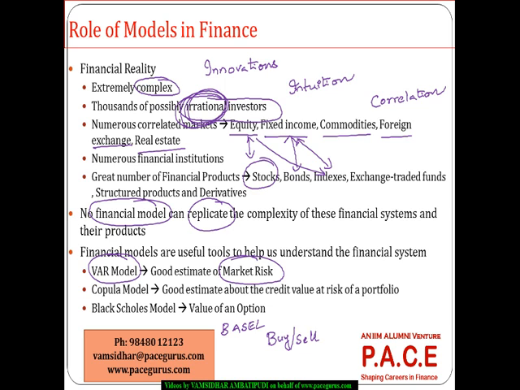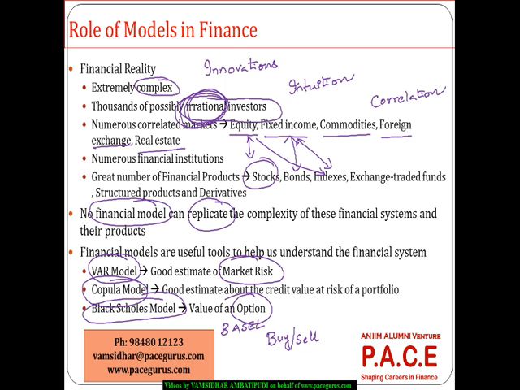So a value at risk model is a very good estimate of the market risk. We know that the Black-Scholes model, typically used for pricing options, is probably one of the most accepted models, though it has a series of limitations, but it has been used very widely in the world of option valuation.